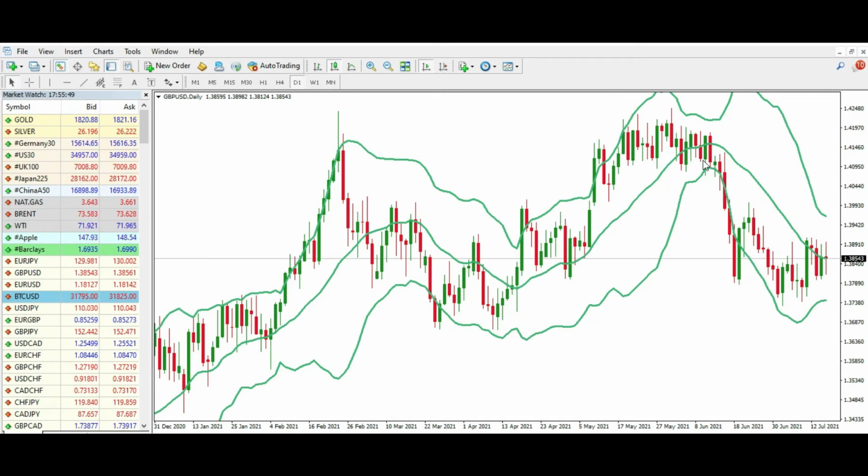What is the thing that you can see right now on the chart? You see green lines. Let me give the names. The upper band shows a level that is statistically high or expensive. The lower band shows a level that is statistically low or cheap. So the Bollinger Band width correlates to the volatility of the market.